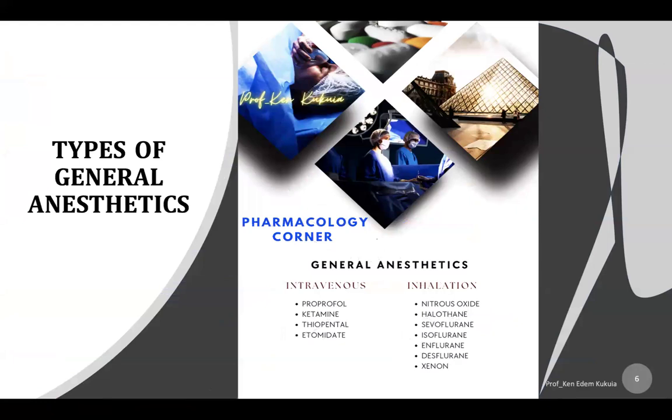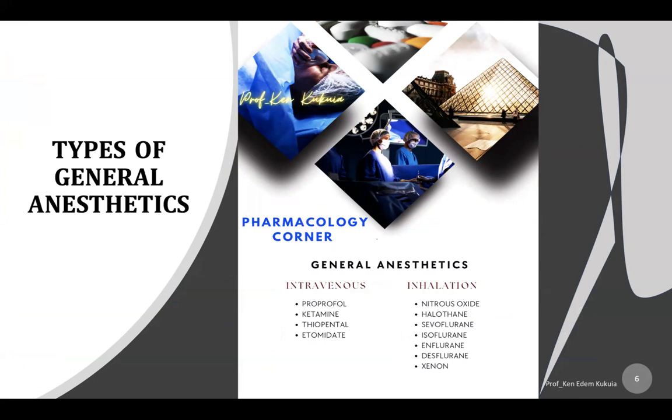We come to the types of general anesthetic agents. We classify them based on the way we administer them. So we have intravenous general anesthetics and we have inhalational general anesthetics. We have propofol, ketamine, and thiopental. Thiopental is part of a group we call the short-acting barbiturates.